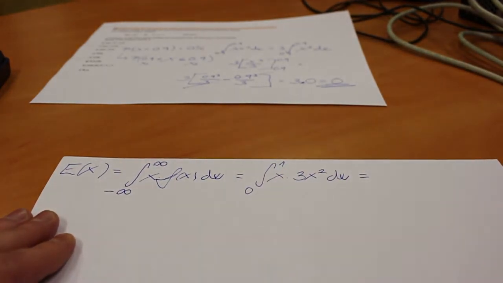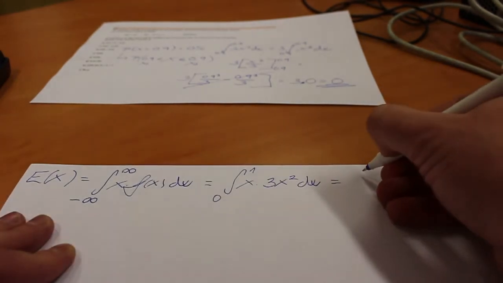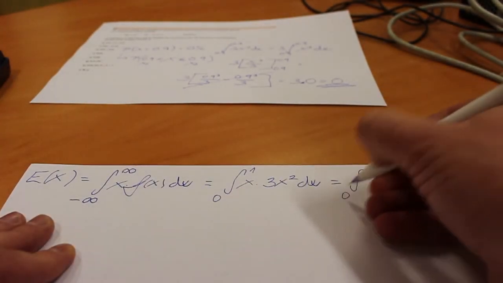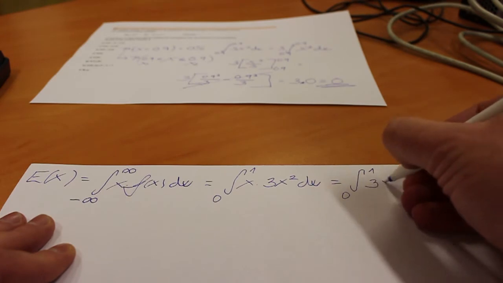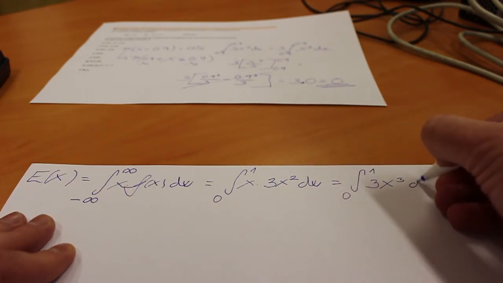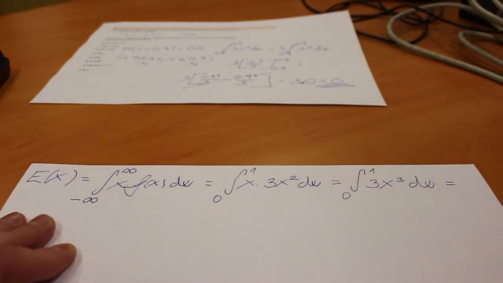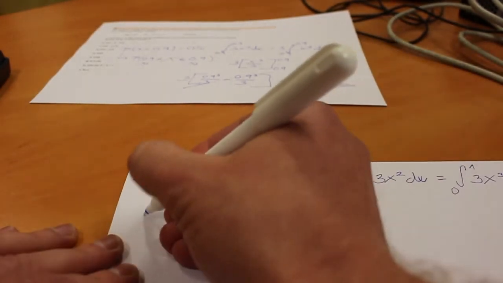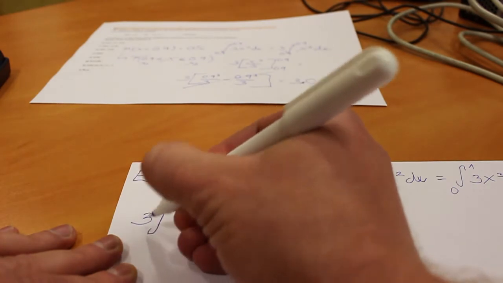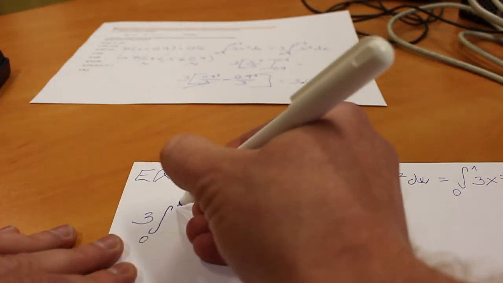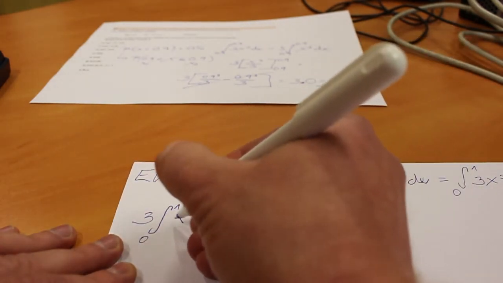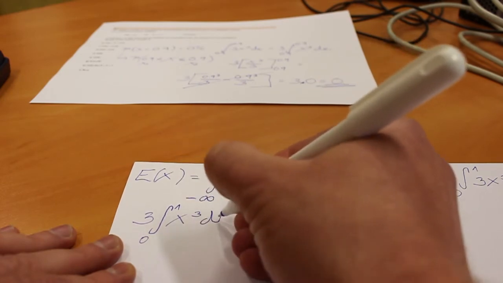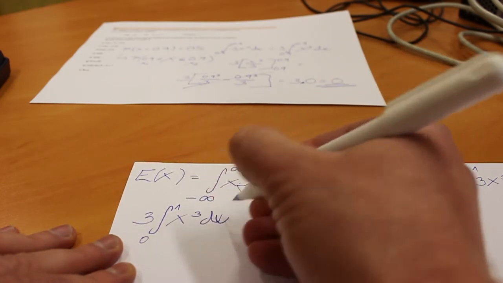We must rewrite this as the integral from 0 to 1 of 3x to the power of 3 dx. Now we can continue with 3 in front of the integral from 0 to 1 of x to the power of 3 dx.